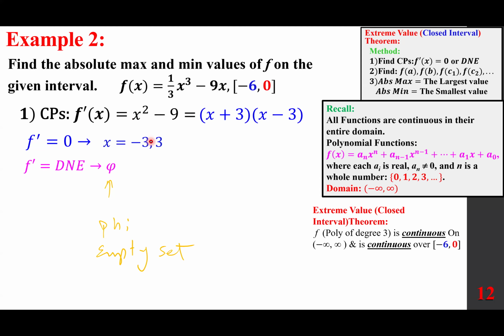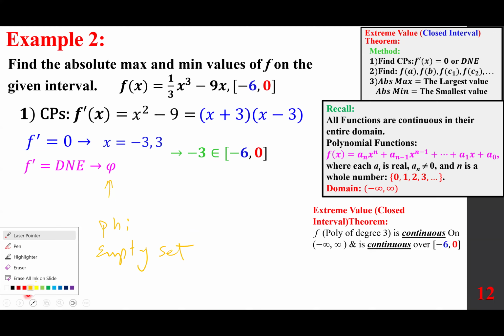So we have two critical points. Can we use negative 3? Well, is negative 3 in between the given interval of negative 6 to 0? Yes. What about positive 3? Can we use positive 3? Is that in between? No, so we can't. So we write negative 3 is an element of the interval.